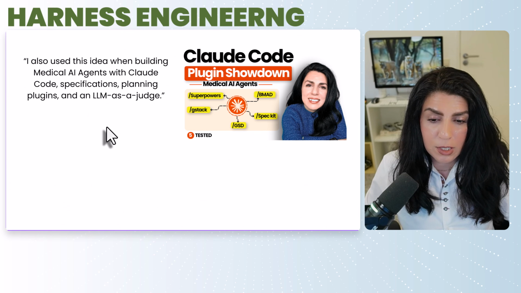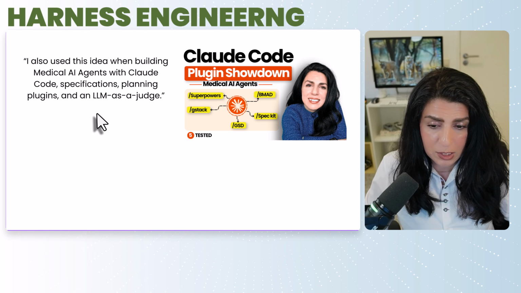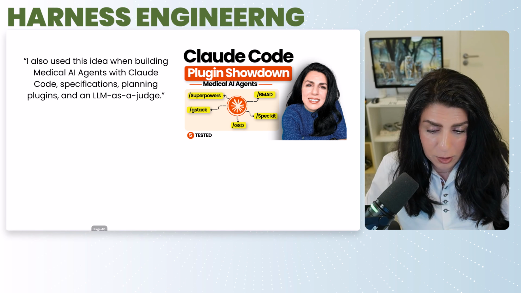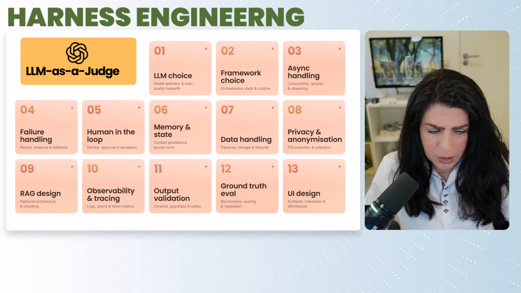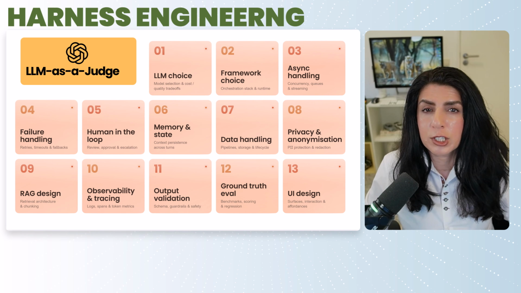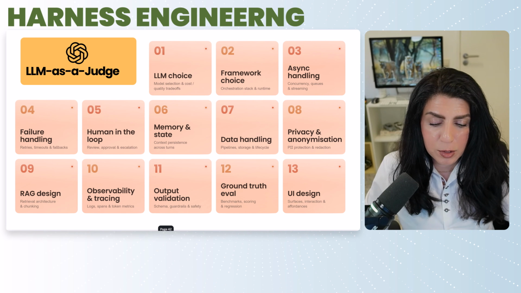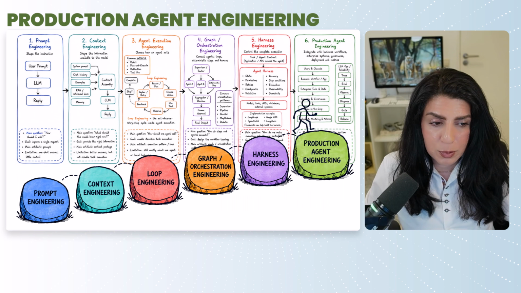I also used this idea when building medical AI agents. We coded 5 different plugins, specification and planning plugins, and then I had an LLM as a judge. And for that, I used 13 different production criteria.